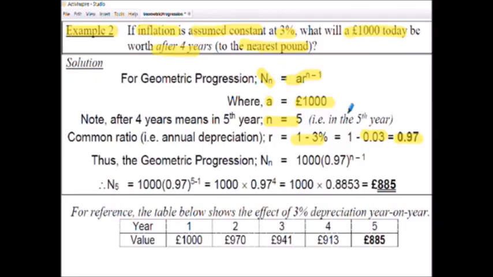So using our GP formula, Nn is equal to a, which is 1,000, multiplied by 0.97 to the power of n minus 1. In this case n is 5, so that will be basically 1,000 times 0.97 to the power of 4, which gives us a value of £885. You can see in the table below that's the value at the beginning of the 5th year due to the deflation rate of 3%.